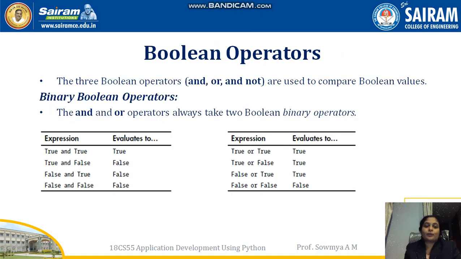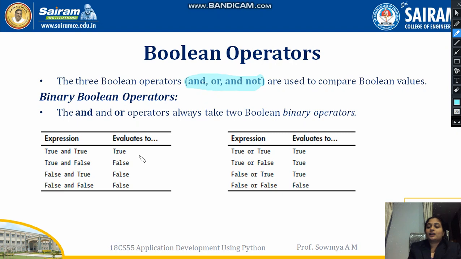Next one is boolean operators. We all know True and False are boolean values, and and, or, not are used as boolean operators. True and True gives you True.